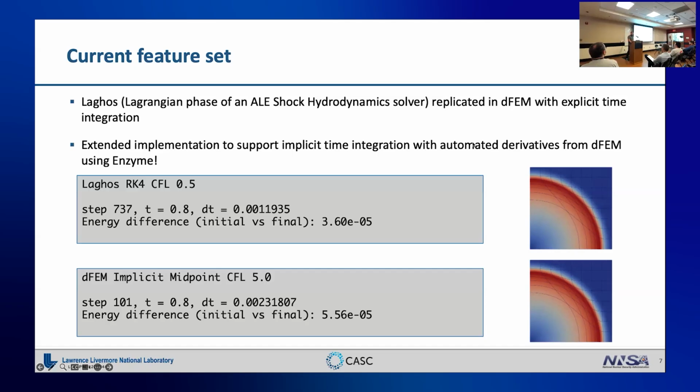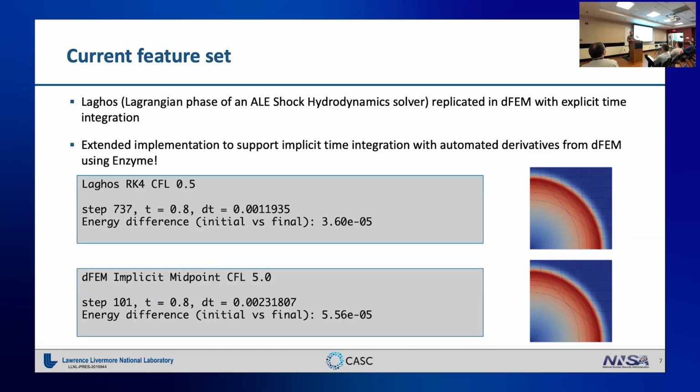And you can see in certain cases, I'm purposely not writing the time to solution here because this is a work in progress. But you see, you get the benefits of implicit time integration, even for a Hydro code, without having the burden of hand deriving and manually implementing the derivative of the Q functions.